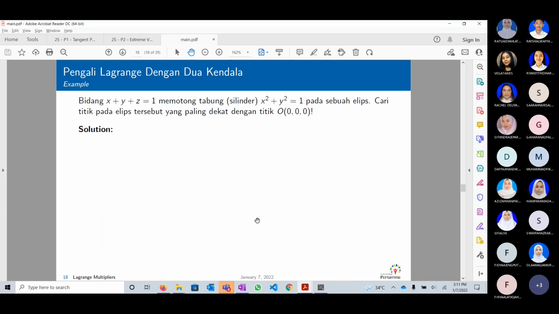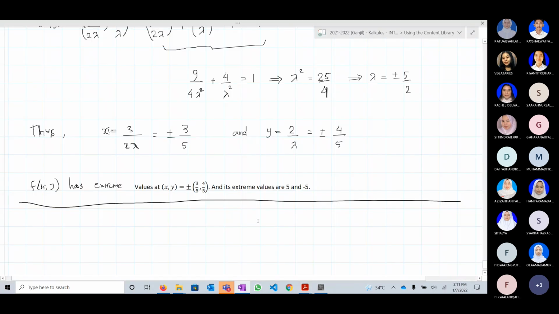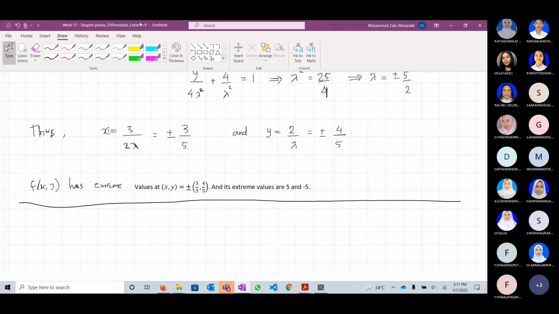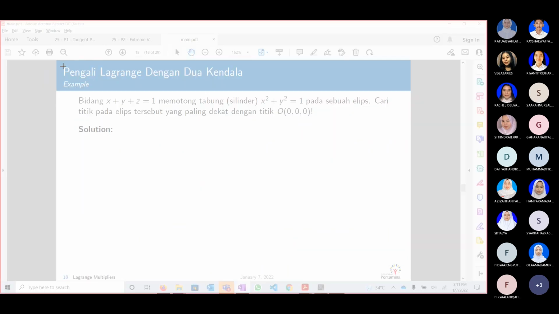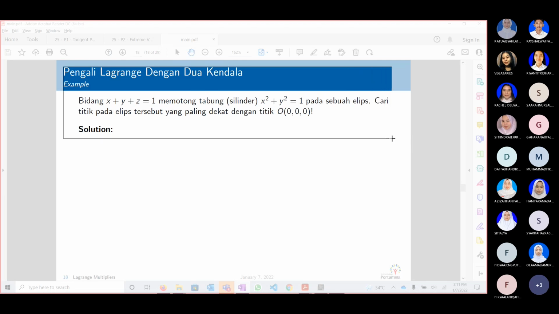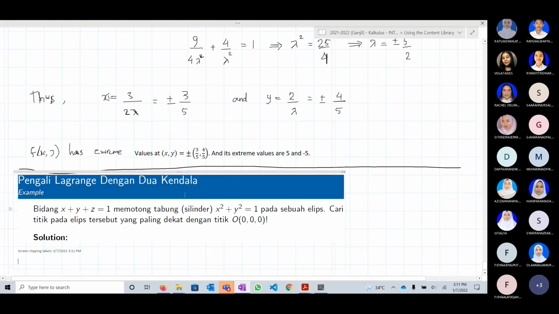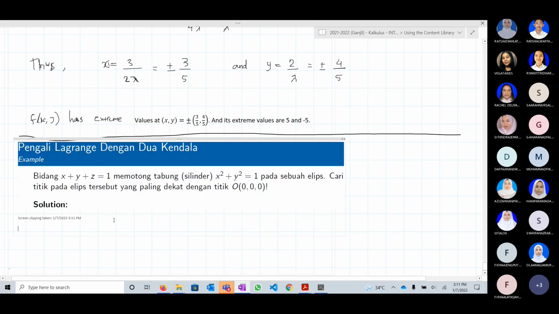Let's learn it from this example. The plane x plus y plus z equals 1 cuts the cylinder x squared plus y squared equals 1 in an ellipse.